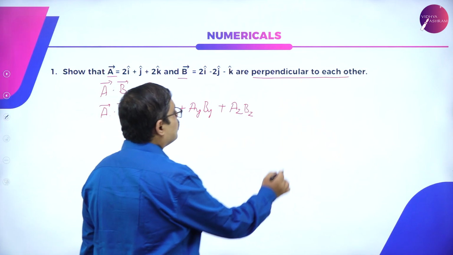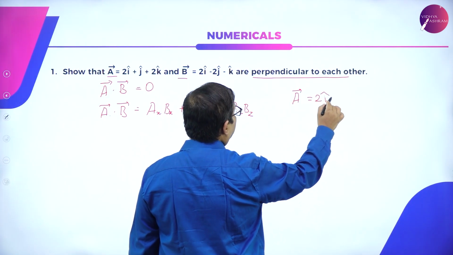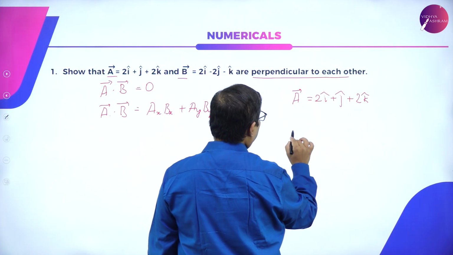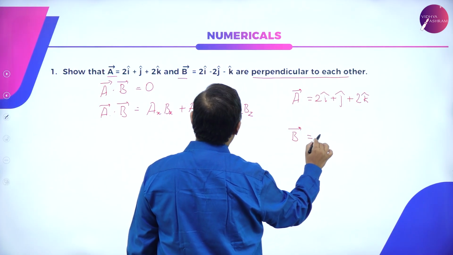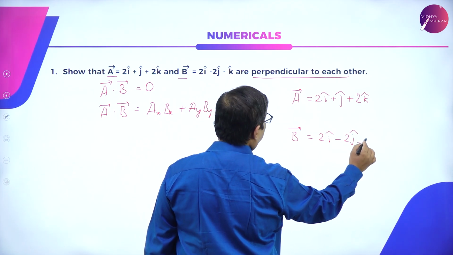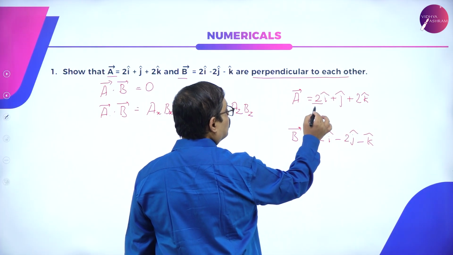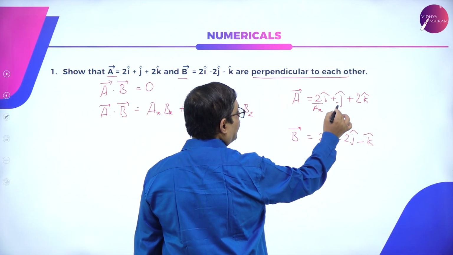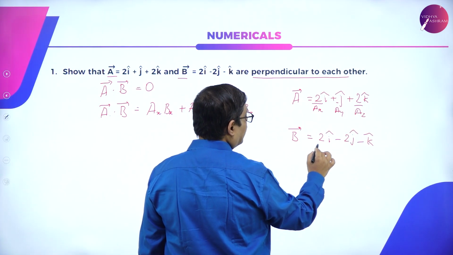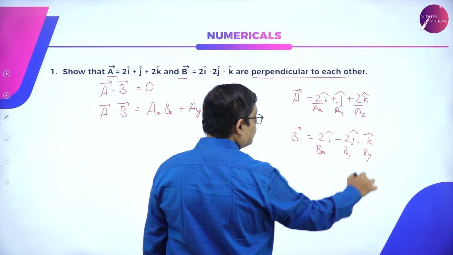What is the data given to me? Vector A is equal to 2i cap plus j cap plus 2k cap, and vector B is equal to 2i cap minus 2j cap minus k cap. Please note, this 2 is AX, this 1 is AY, this 2 is AZ. Similarly, for B you have BX, BY and BZ.